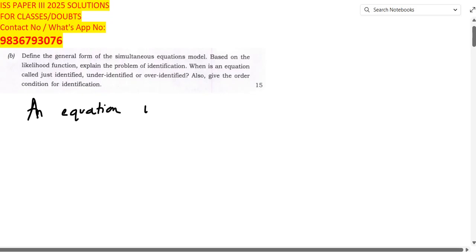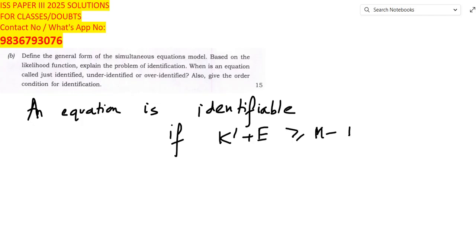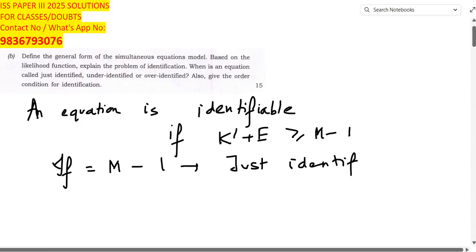So an equation is identifiable if k plus e is m minus 1. So if equal to m minus 1, then it's just identified.